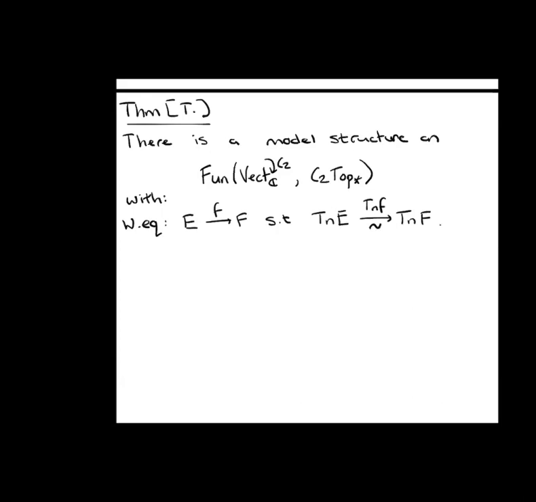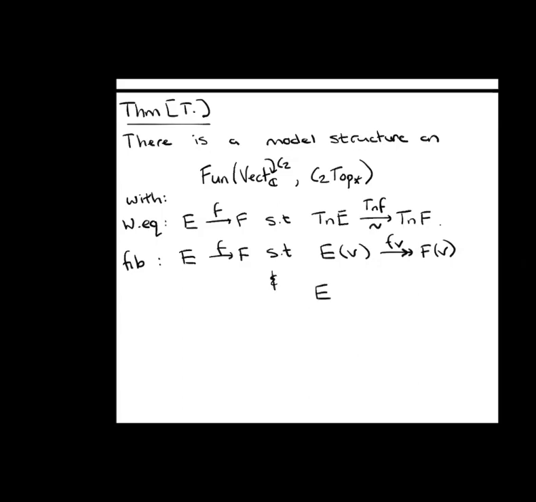So fibrations are then maps where, first of all, at each level you want to get a fibration, let me just put a double-headed arrow, and you want a pullback condition.